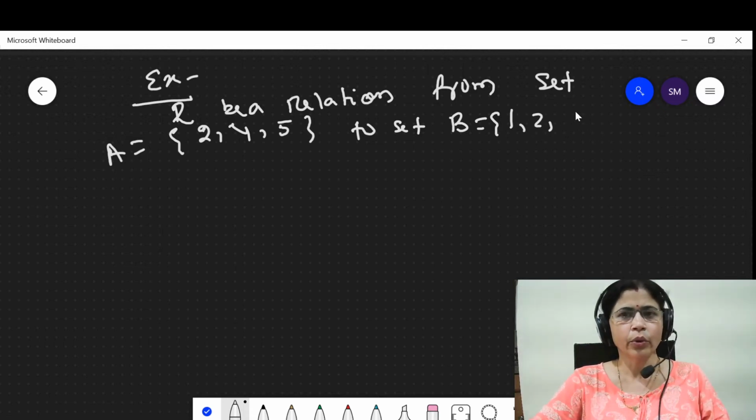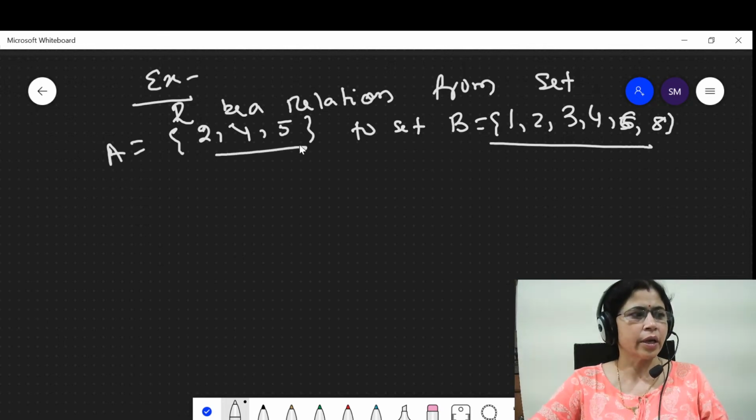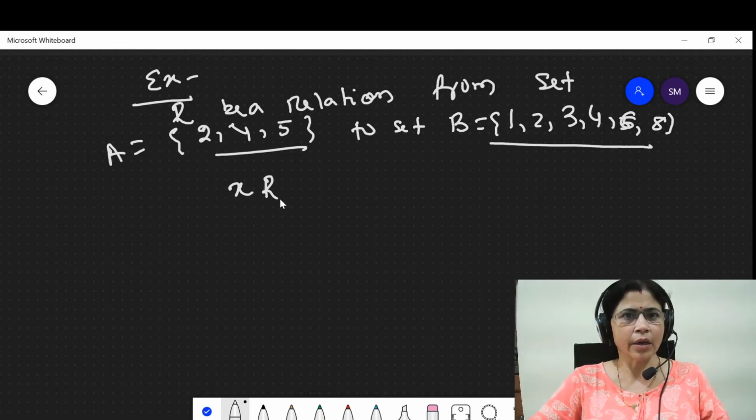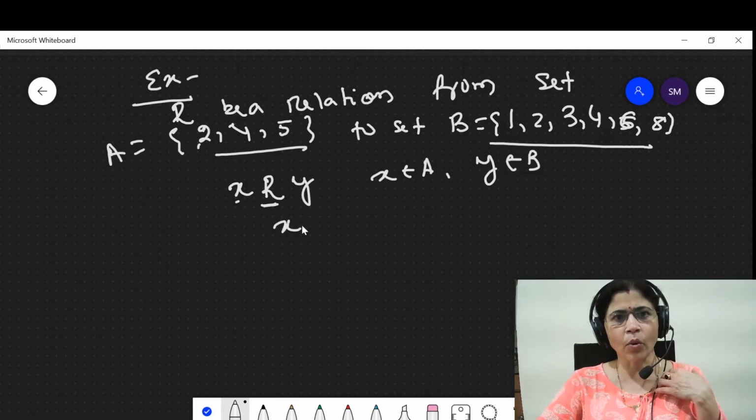1, 2, 3, 4, 5, 4, 6, 8. Suppose B is this set, A is this set, and R be a relation from A to B, where x belongs to A and y belongs to B, in such a way that x divides y.